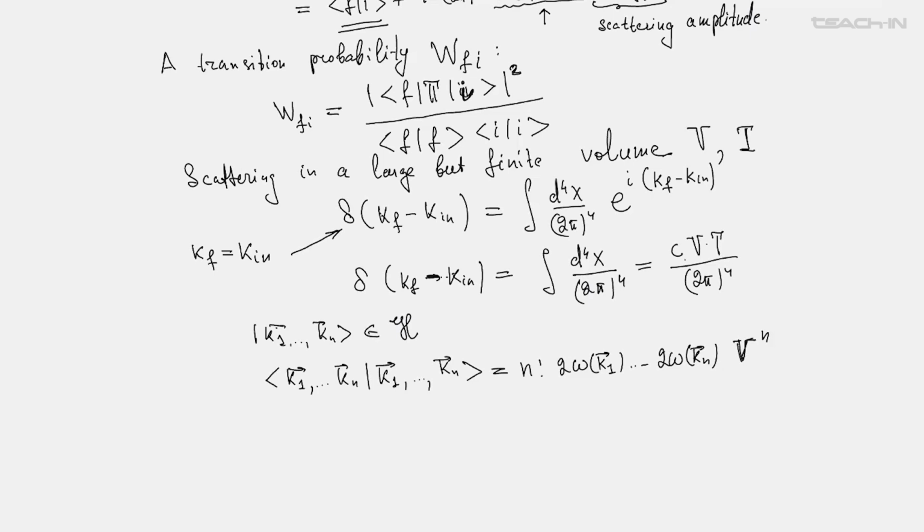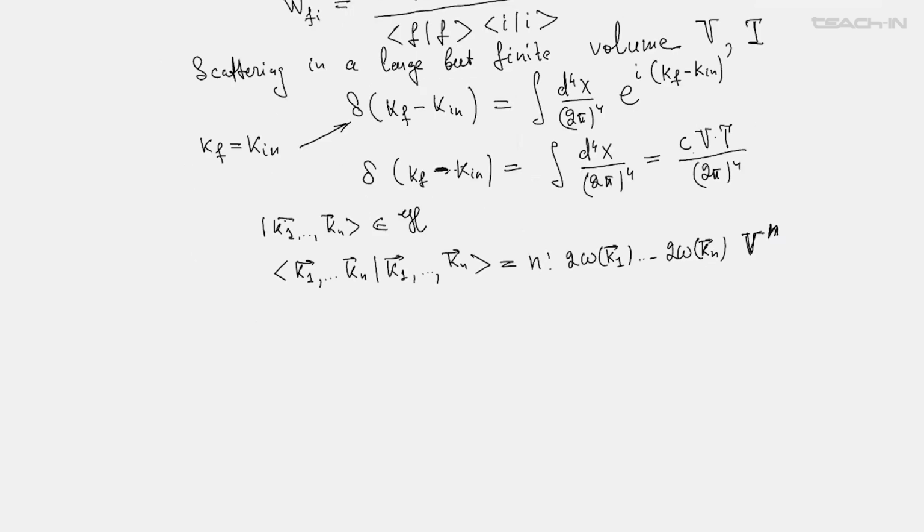This formula can be justified by the fact that in the limit of infinite volume, this formula goes into the standard norm, which in this case should be, of course, written a bit differently. So one has to consider not the norm, but rather the scalar product of states with different k. And then on the right-hand side, you will have the corresponding delta functions, signifying the fact that you are considering an asymptotic state belonging to the asymptotic Fock space.